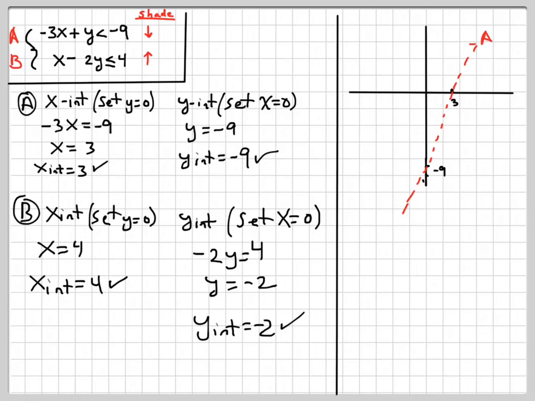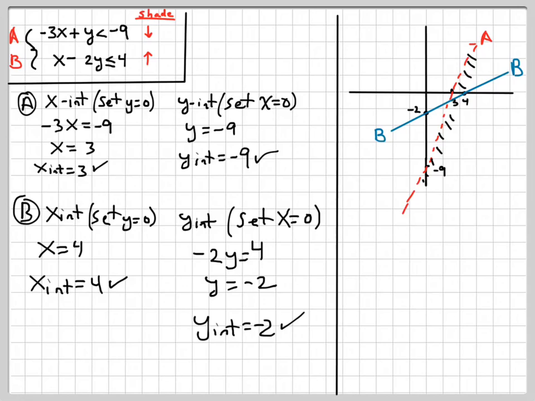Okay, now, remember that the arrow was indicating to shade below the line. I'm going to make these little arrows along line A, running all the way across the line. I'll use that a little bit later, I'll show you. But right now, the little arrows are pointing down because, after all, I will have to shade down.